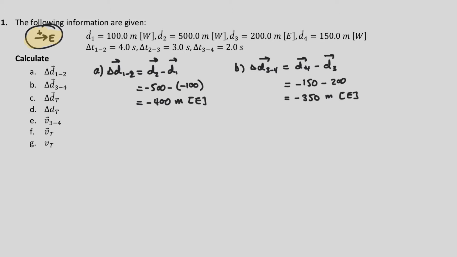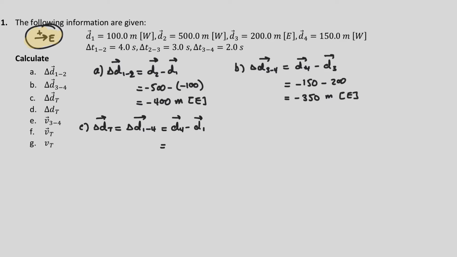Okay, I then need my total displacement. For my total displacement, that will be the displacement from the very first position, which is 1 to 4. That's going to be position 4 minus position 1. Position 4 is 150 meters west.